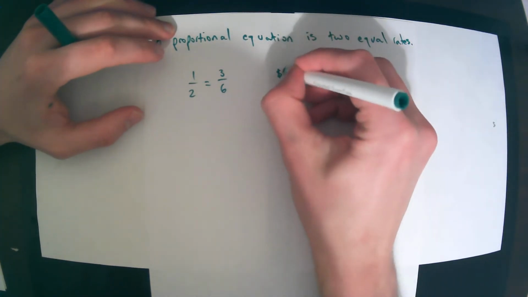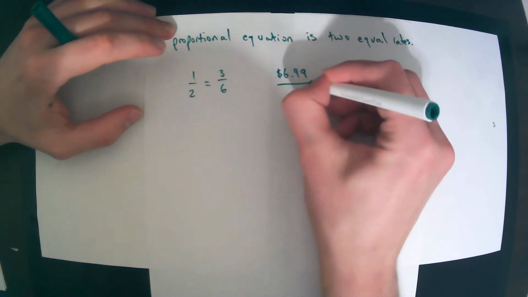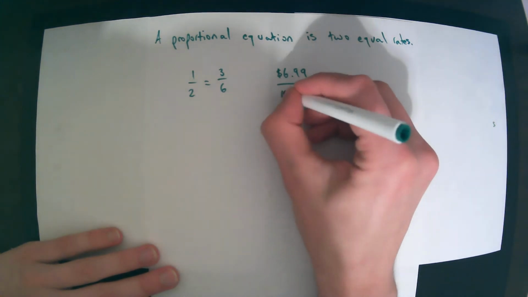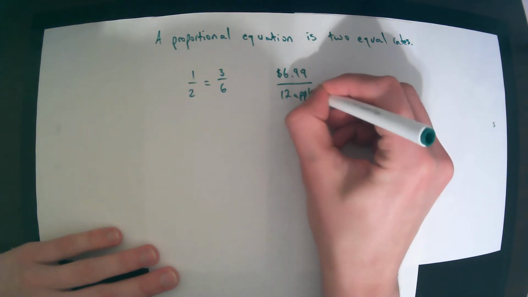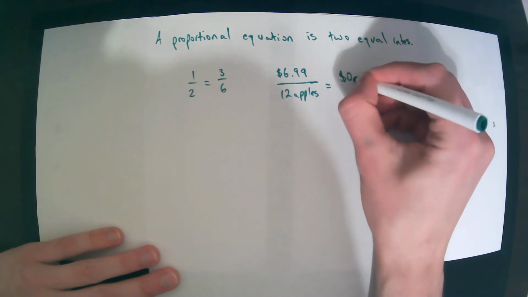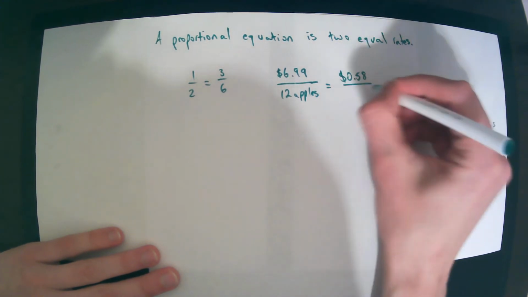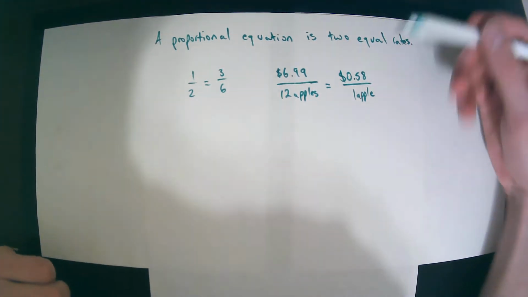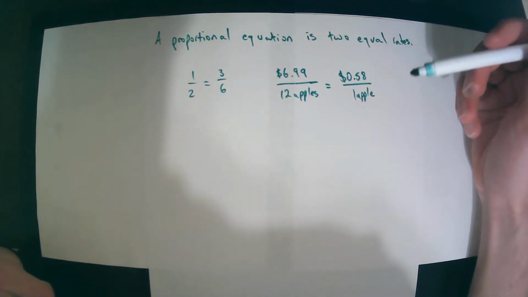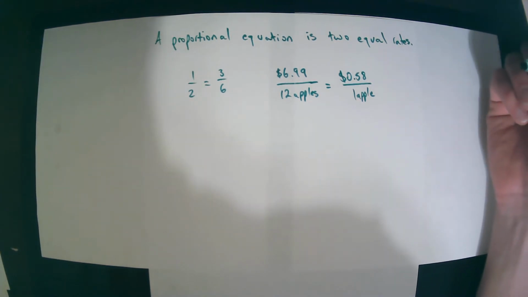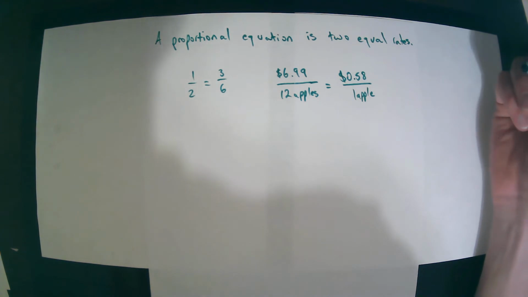So one that we found earlier was $6.99 per 12 apples. That was equivalent to its unit price of 58 cents, or $0.58 per one apple. And of course there was the other one too, with the $3.59 per 5 being 72 cents per one apple. That would be another example of a proportional equation.